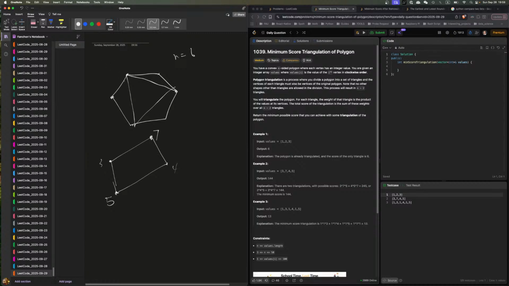So at the end of the day, all of them have to be, yeah, they're not necessarily, like, these three don't necessarily need to form a triangle, right? I can say these three form a triangle, right?